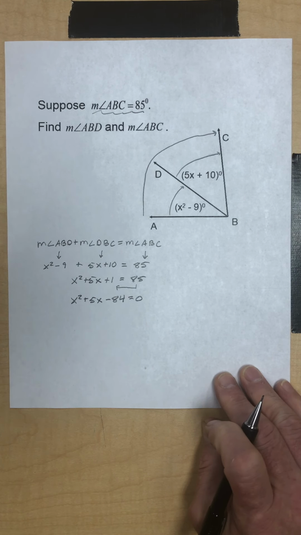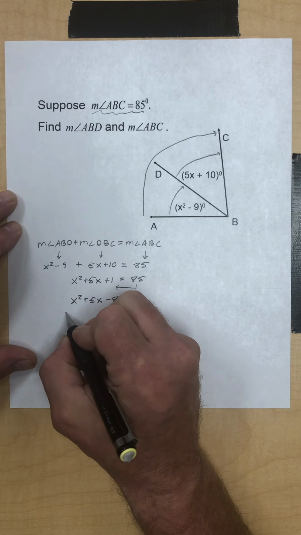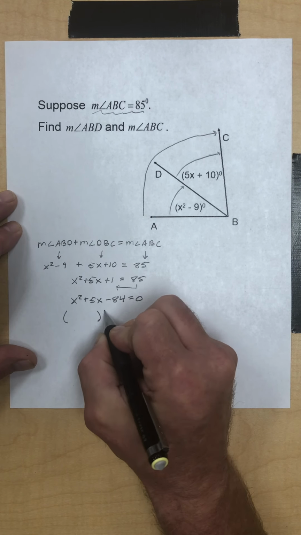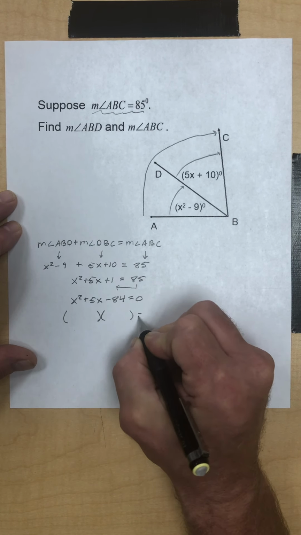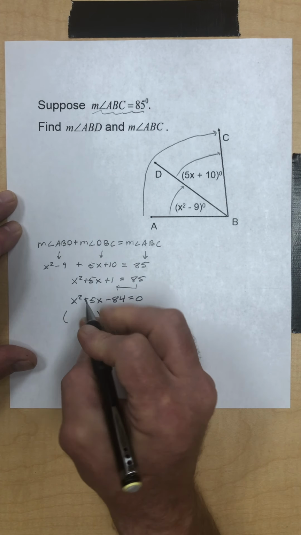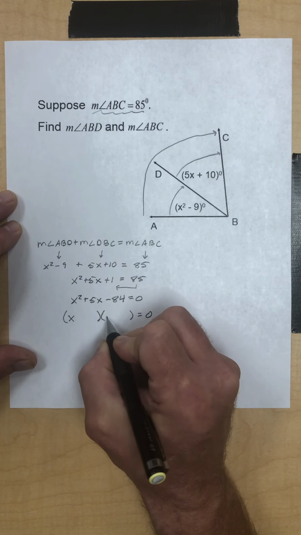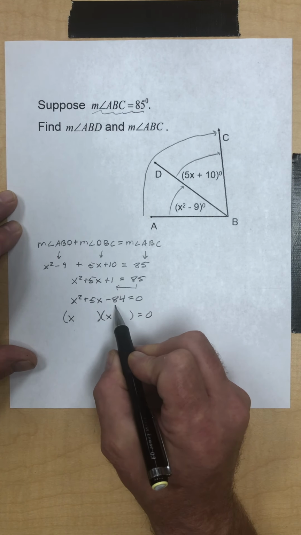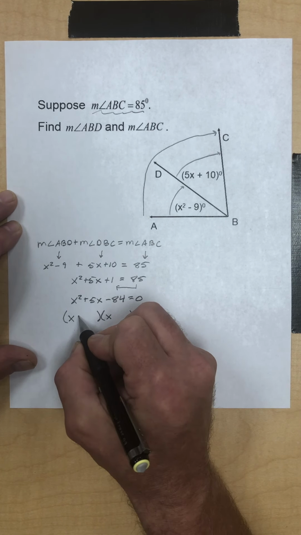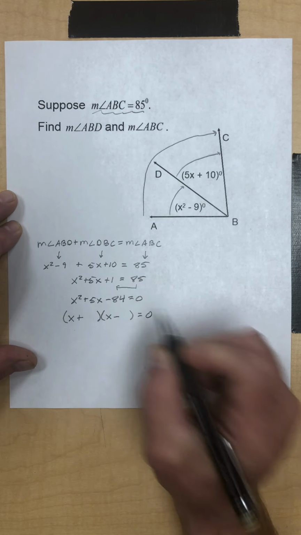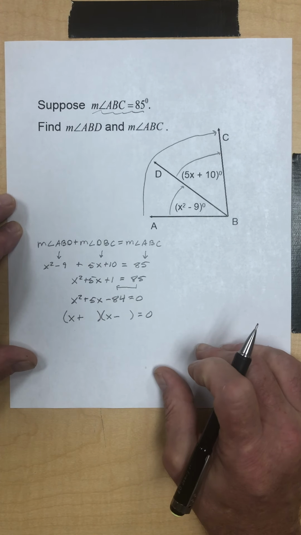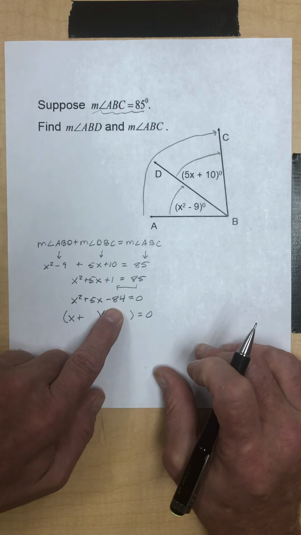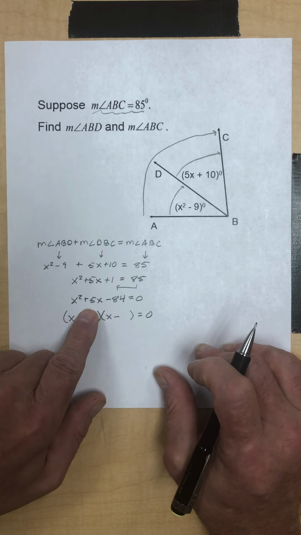Okay, so it's in standard form now, and we would want to try to factor that into a product of two binomials. So of course the x squared splits up into x and x, and notice that this last term, this constant term, is negative, so that means one of these has to be plus, one of them has to be minus, and then all I need are factors of negative 84 that add up to positive 5.